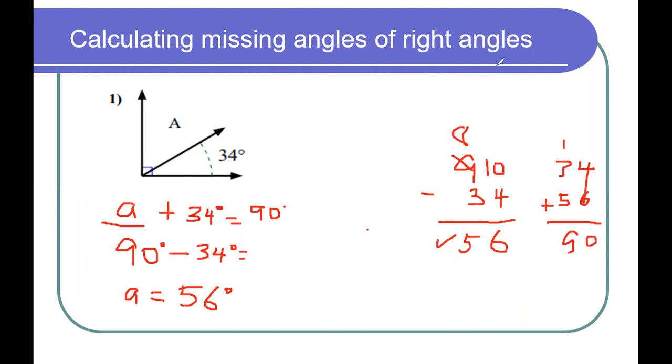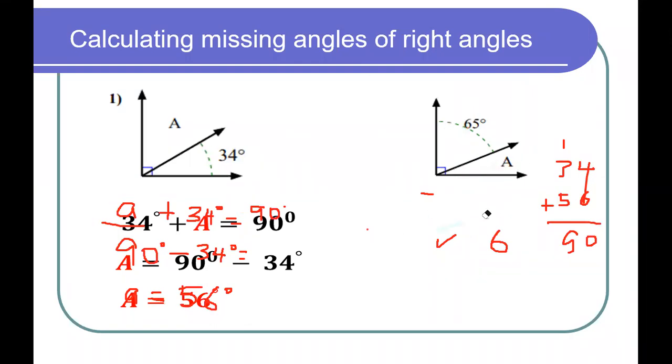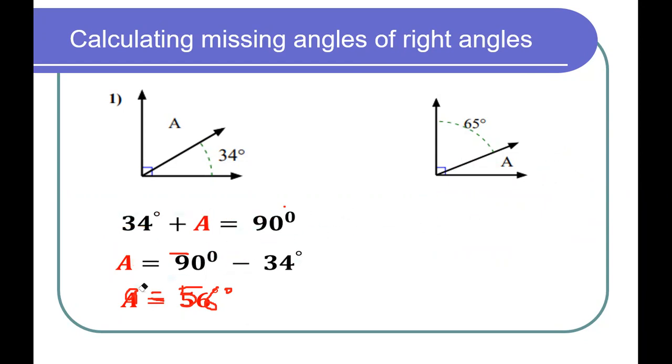Now let's have another example on my board. Let's erase this one. This one is given 65.